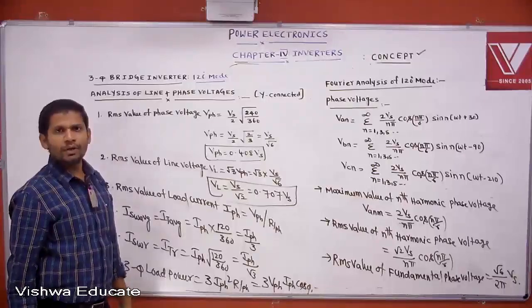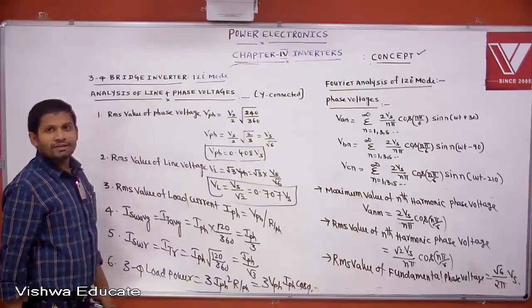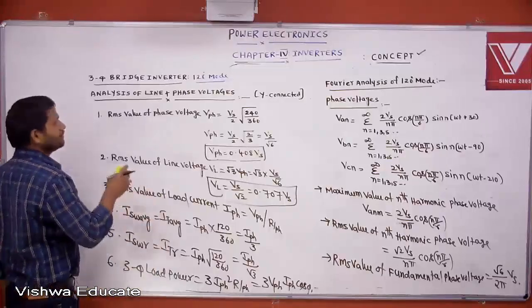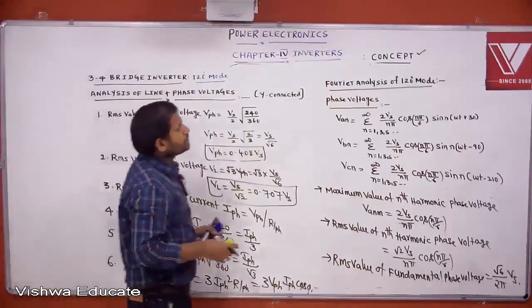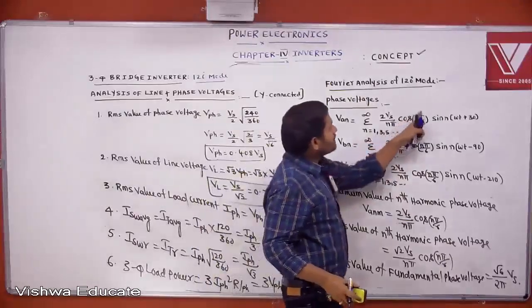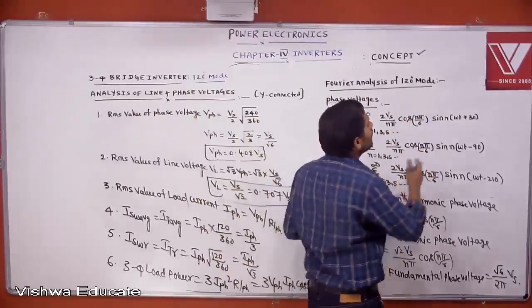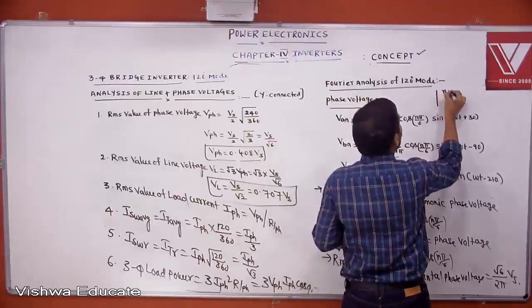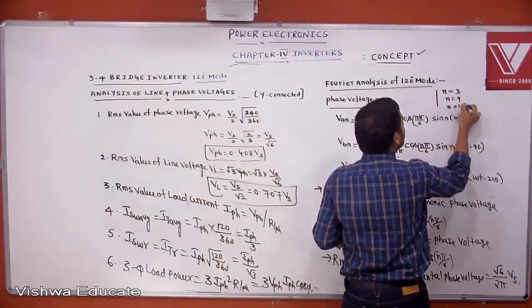Clear? Okay. Now, you write the Fourier analysis of line voltages. One observation here: this is cos of n pi by 6 we are getting because of quasi nature. You substitute n equal to 3, n equal to 9, n equal to 15 and so on.